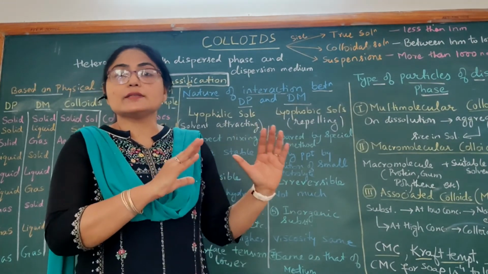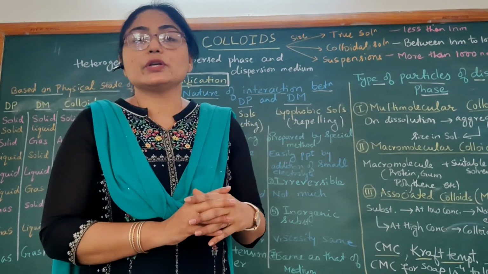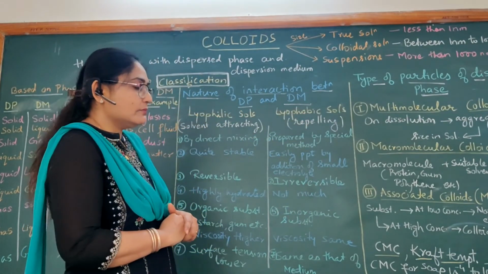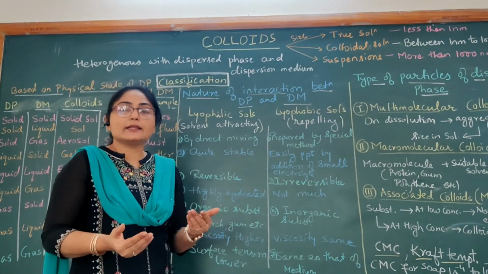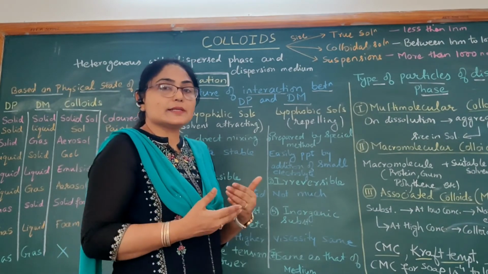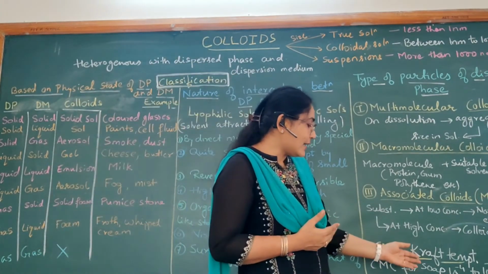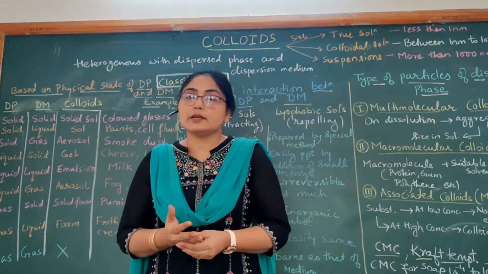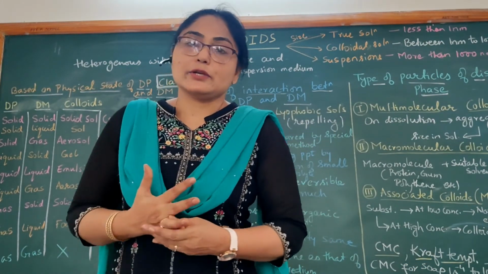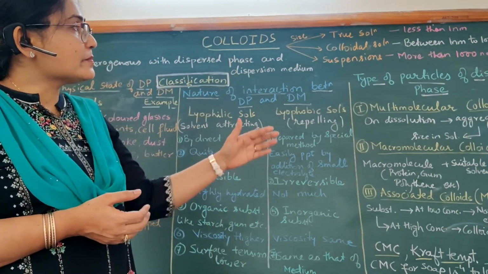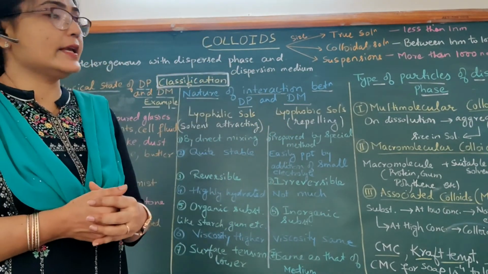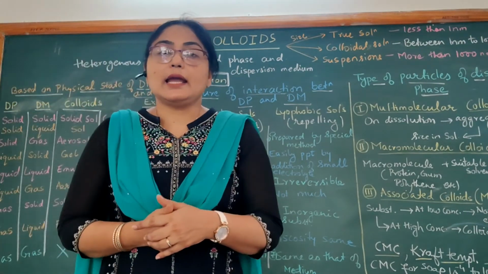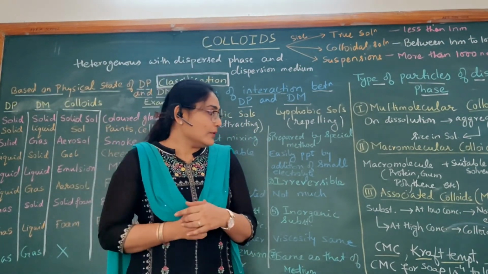For example, soap solutions form micelles. Soap solutions have a CMC of 10 raised to minus 4 to 10 raised to minus 3 moles per liter. So, on the basis of the dispersed particles of the dispersed phase, colloids can be multimolecular, macromolecular, or associated colloids.